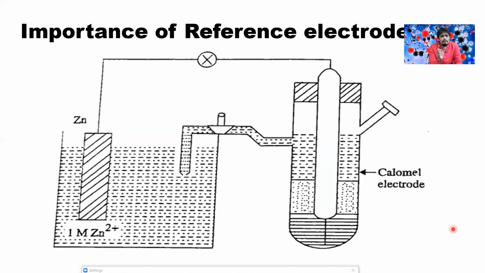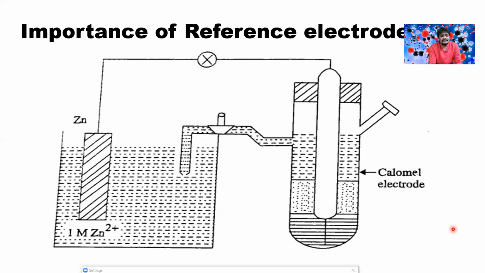This is the major importance of reference electrodes, though not the only one. Other than that, they are also used for the determination of pH and so on.